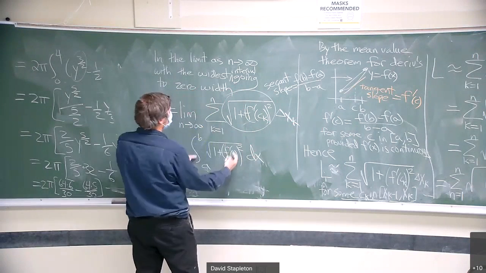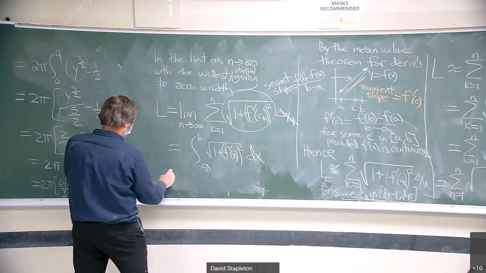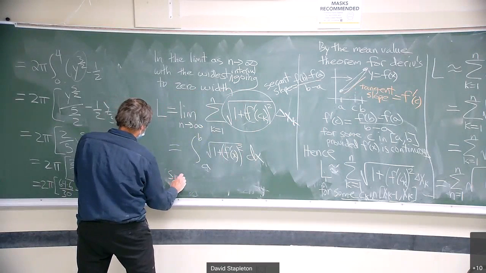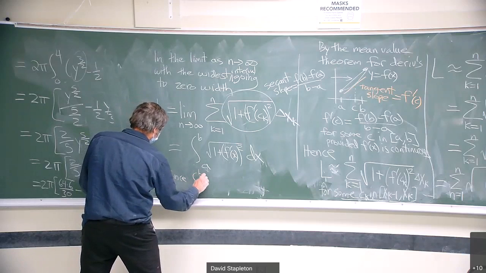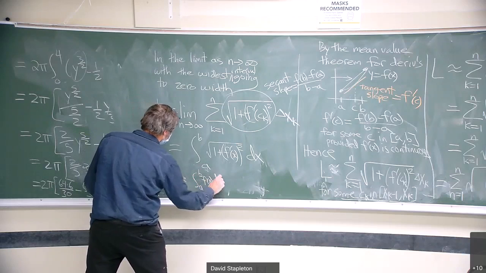And this notation means this. Remember, this is the definite integral definition. When you write the integral from a to b of f of x dx, what does that mean?